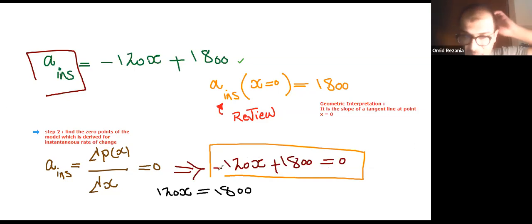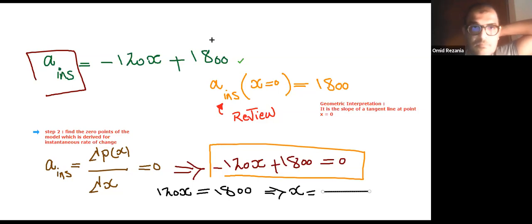I take minus 120x to the other side of the equation, when it becomes plus, then I have 1800 where it is. Then I get the result: x should be equal to 1800. I divide both sides by what I have, by this, and I'm going to find it.